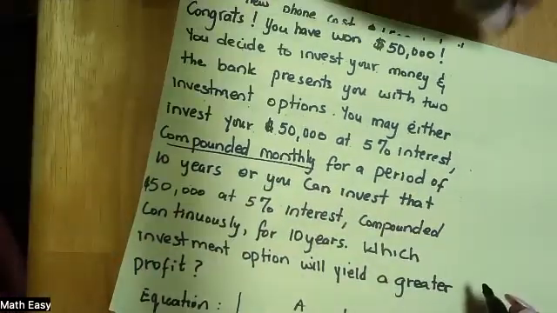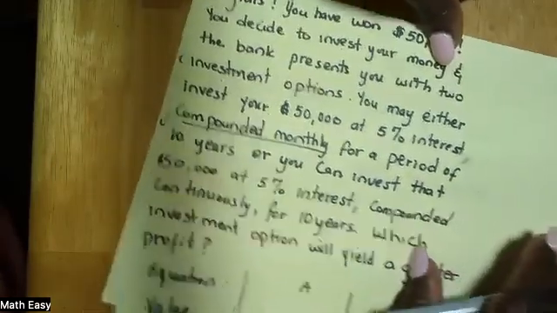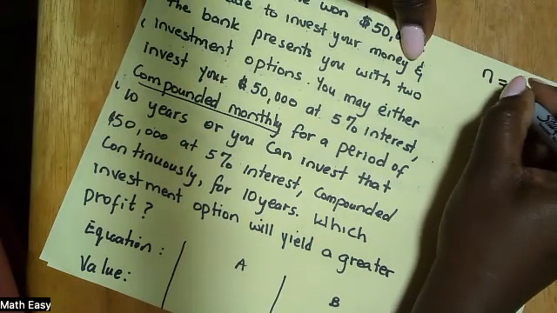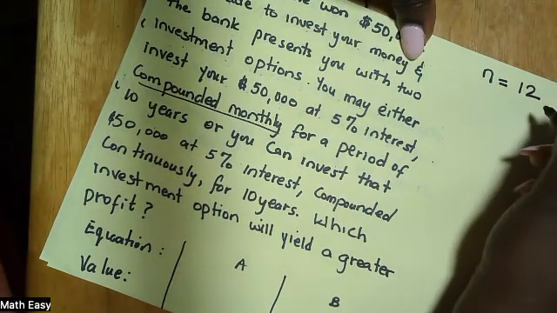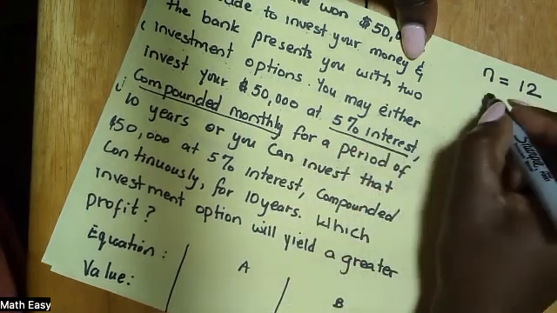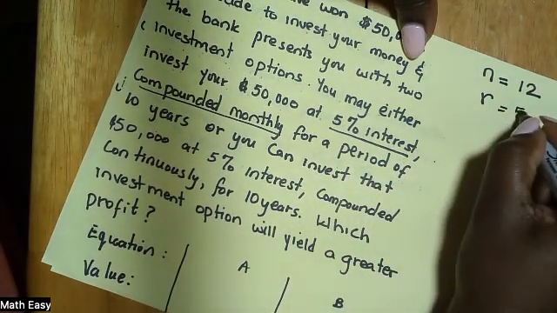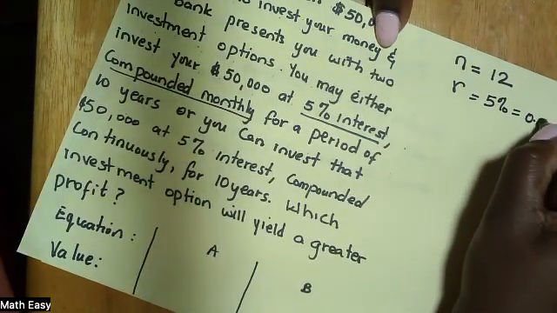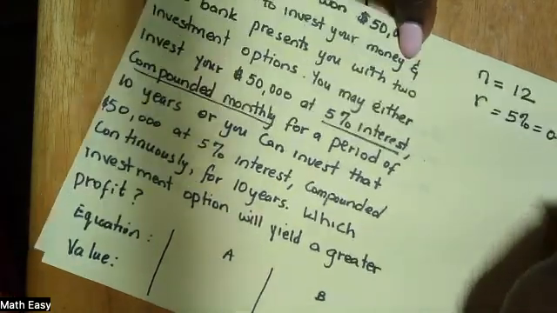You may recall from the last video that whenever we are doing monthly, that is represented as N, and this will be 12. Our interest is 5%, that's our rate. We convert our 5% to a decimal, which will be 0.05.